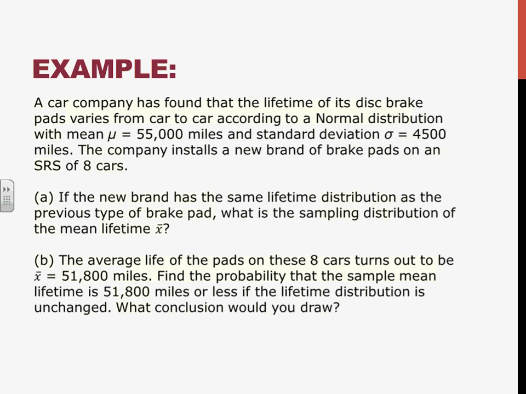And then part B says the average life of the pads of these 8 cars turns out to be 51,800 miles. Find the probability of a sample mean lifetime of that many miles or less if the lifetime distribution is unchanged. What conclusions can you draw?